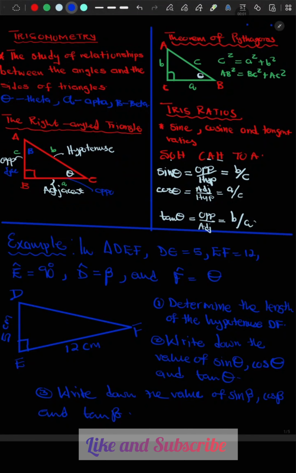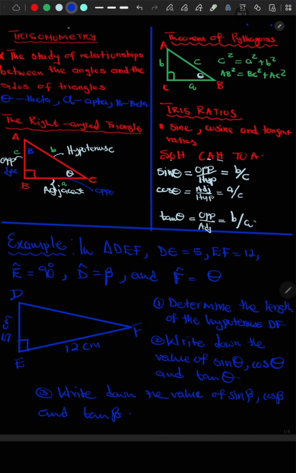Now, let us look at an example. For instance, if you were given a right angle triangle DEF, DE is equal to 5 centimeters and EF equals 12 centimeters, and you were not given side DF, okay?